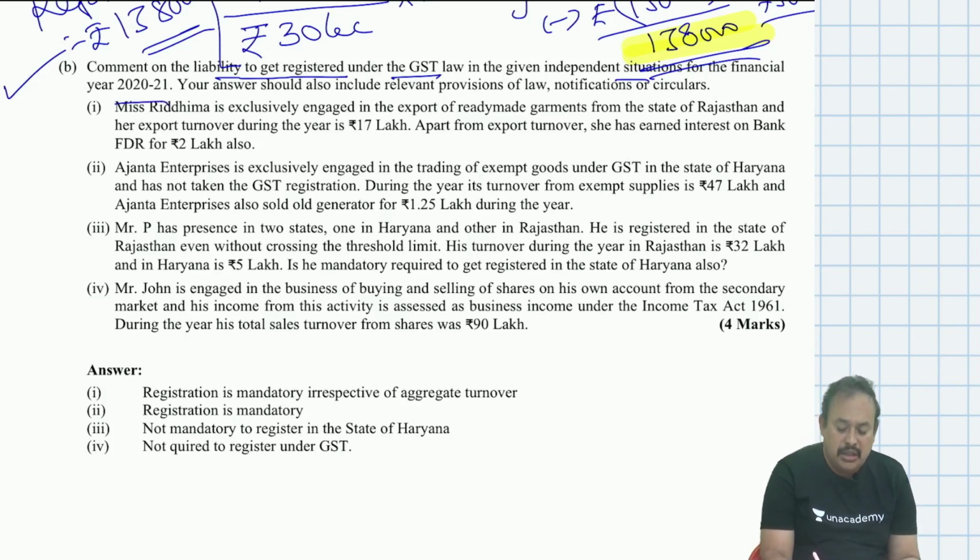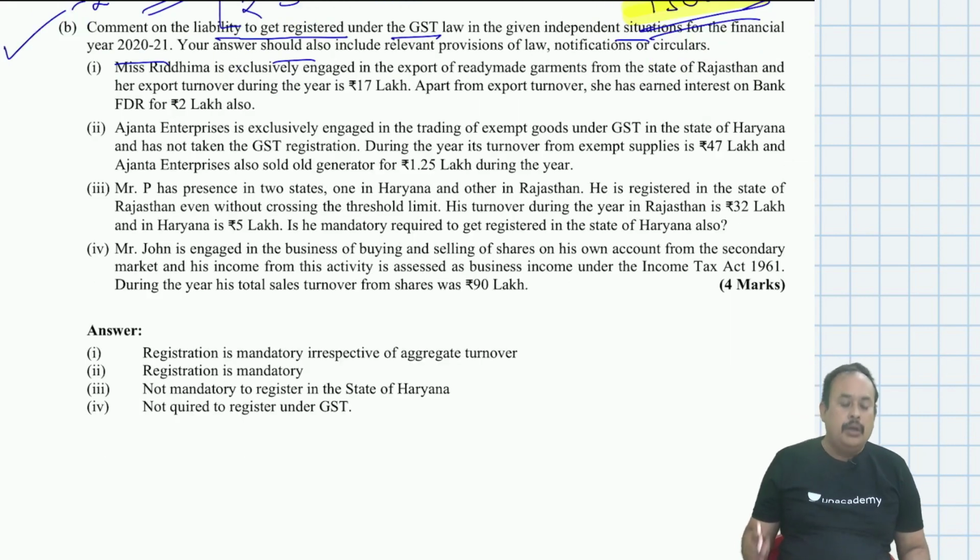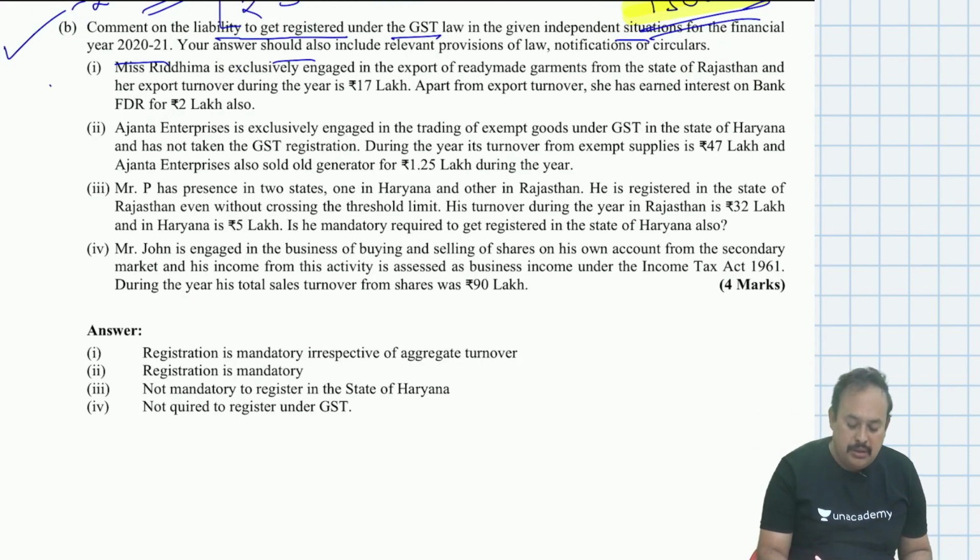Your answer should also include relevant provisions of law, notifications or circulars as the case may be. The following points 1 to 4 read as follows, my dear friends. Point number 1.